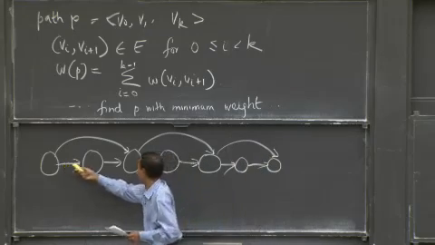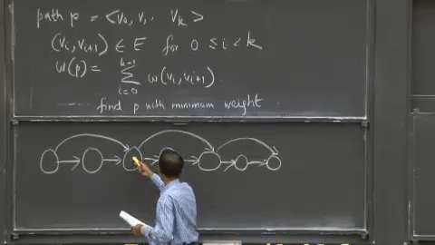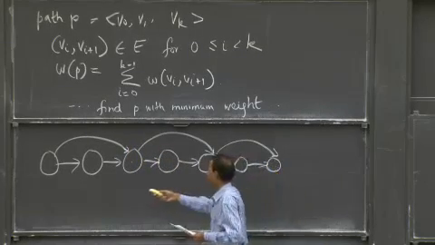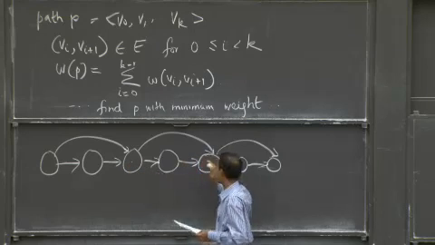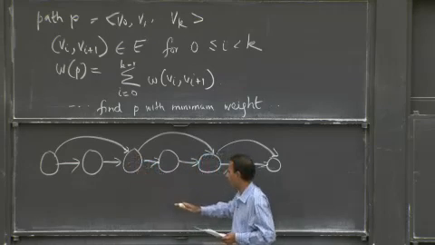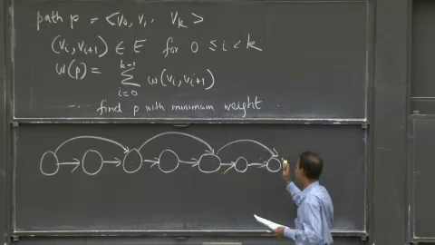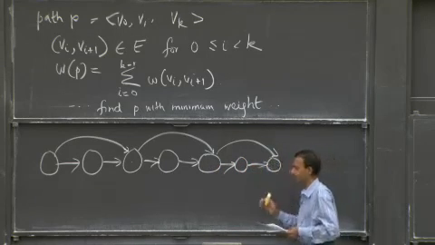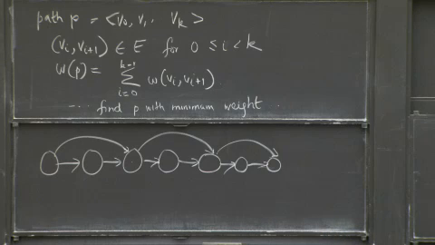You could have the path that goes all the way along the bottom, but you could have the path that goes on top and all the way this way. You have basically two choices for getting to this vertex. Given the two ways of getting to this vertex, you've got 4 ways of getting here, and then 8 ways of getting there, and so on and so forth. So there's potentially an exponential number of paths.